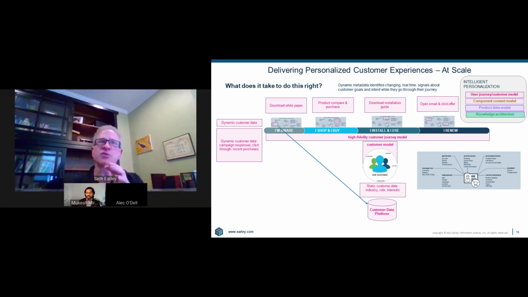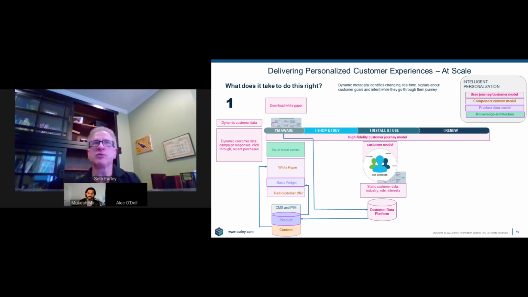As we go through this process, as we do things, download white papers, that's a signal. And that signal needs to be consolidated with some type of customer data platform. It needs to be integrated. So as I do these different things and go through my journey, each time I do that, you can see that it's going to change the metadata model of that customer, the real-time metadata model.